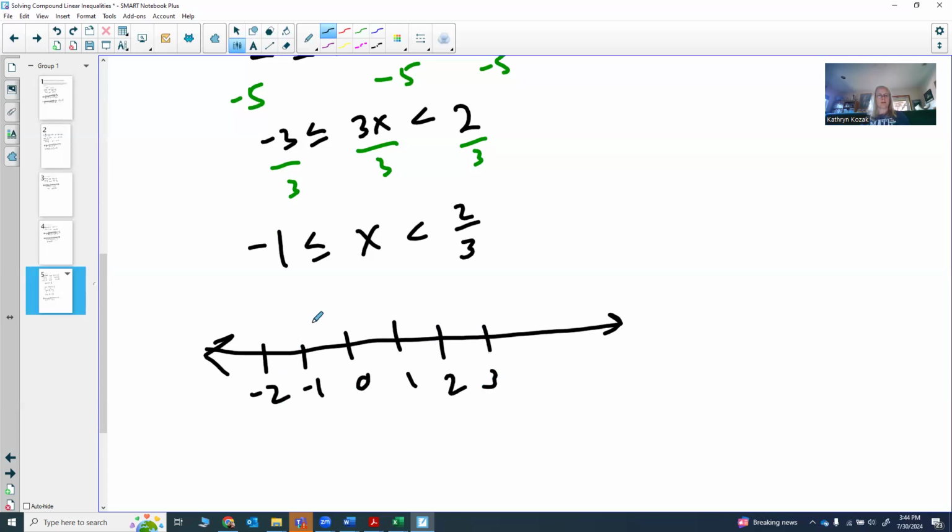Negative 1 is going to have a bracket on it because it's less than or equal to, up to 2/3, which is going to have a parenthesis on it. And you shade everything in between. In interval notation, this would be bracket negative 1, comma, 2/3 parenthesis.